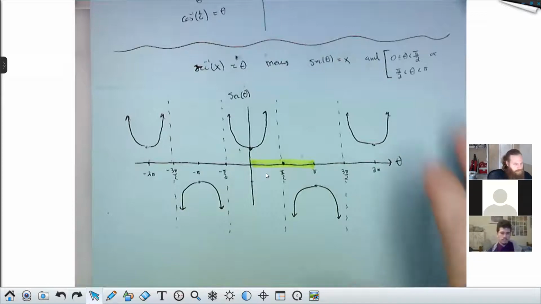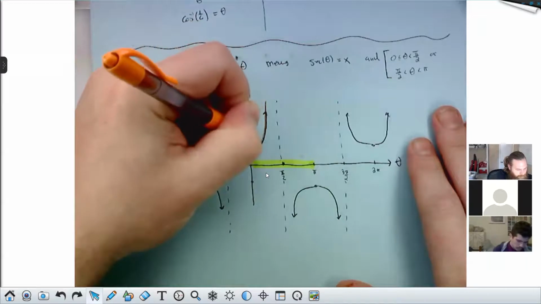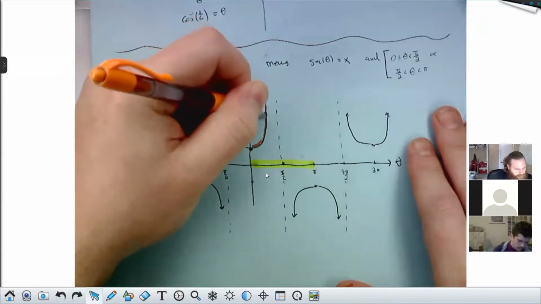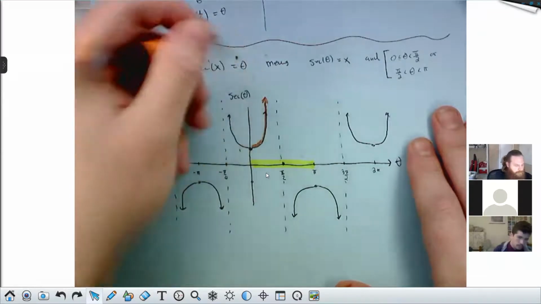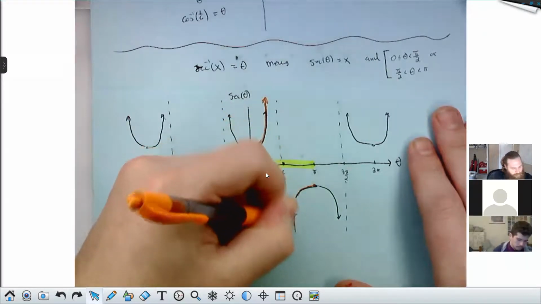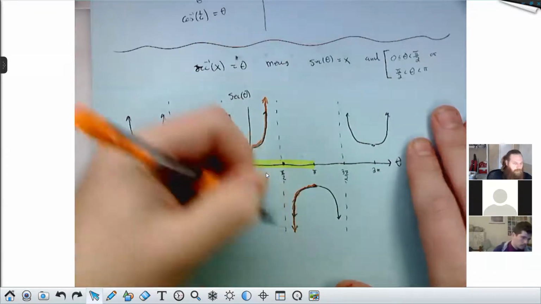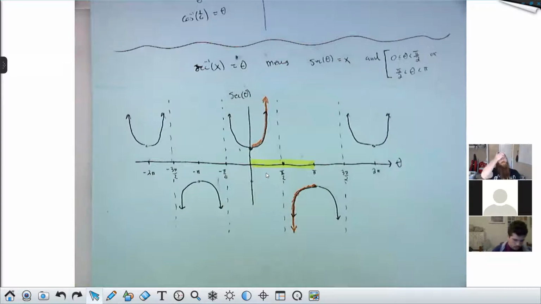So when I think of my secant function as being inverted, I take this piece and this piece. That's sort of the standard way to do it.